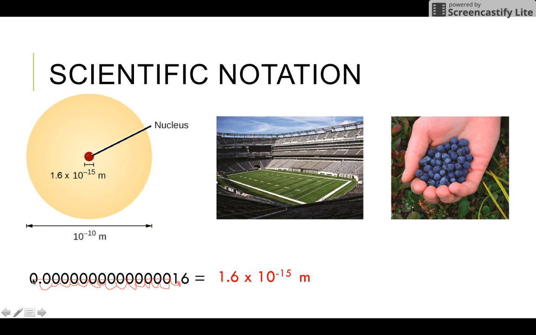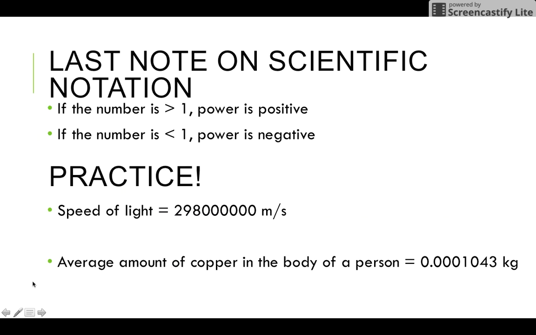So when I write my answer, it's 1.6 times 10. You are always going to write the times 10 part in scientific notation, and then to the negative 15. 15 because we moved it over that many spaces, negative because this number is smaller than 1, which takes me into the next slide. So if the number is bigger than 1, then my power is positive. If my number is less than 1, my power is negative.